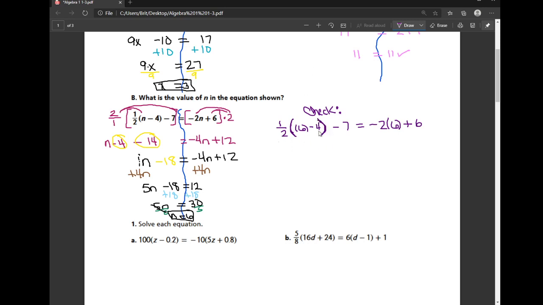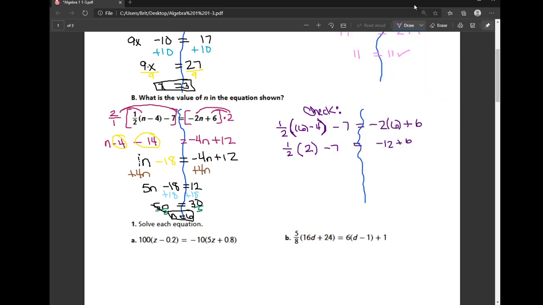Alright, so I'm going to solve inside that parentheses first. So I have 1/2 times 6 minus 4 is 2 minus 7. On my right hand side, -2 times 6 is -12 plus 6. I forgot to draw my river, so I'm going to do that real quick because there's a lot of text on this screen.